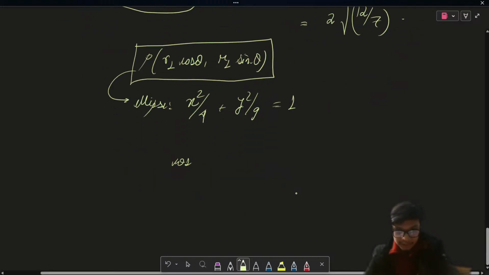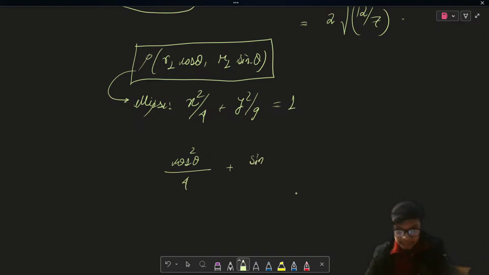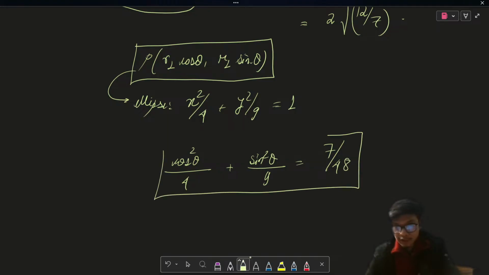I will get an equation of the form cos square theta upon 4 plus sin square theta upon 9 will turn out to be 7 upon 48. Sorry, 48, right? 7 upon 48. Okay, so I will get this expression.